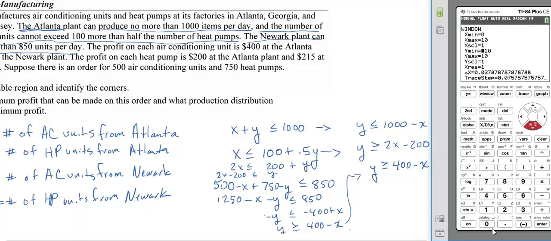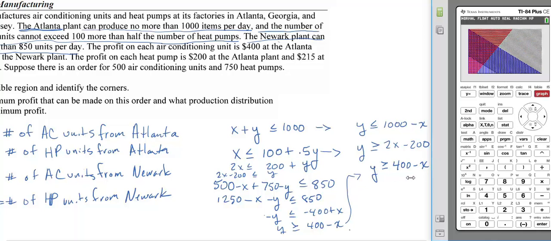I wouldn't be able to produce a negative number of units. But x max, looks like the highest x could go would be 1000, so I'll make the x max 1000. And the highest the y could be is 1000. And we'll graph that.